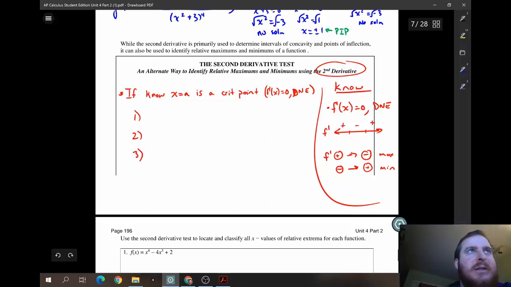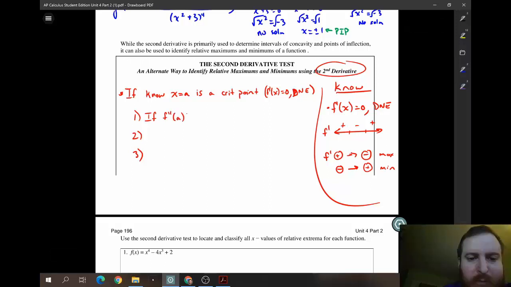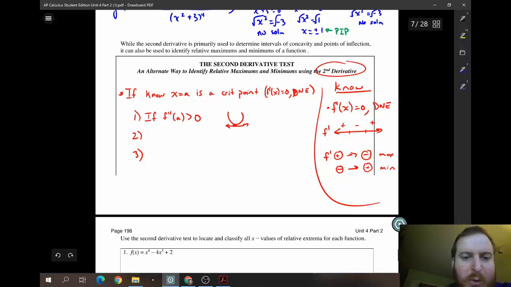And they're all based on the second derivative. So if f double prime at a, if we plug in a, if the second derivative is positive, that means it's concave up there. What would concave up look like? Concave up would look like that. And if it's a critical point, it'd be that bottom point. How do I know it's that bottom point? Because that's where f prime of x would be 0. That would make it a critical point.